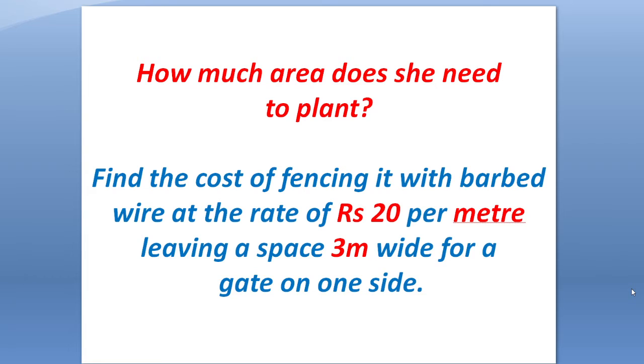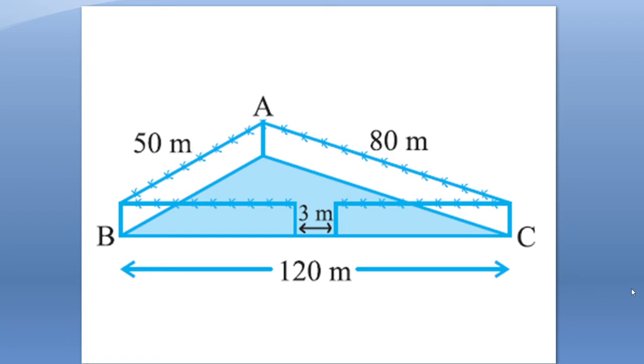So how much area does she need to plant? Find the cost of fencing it with barbed wire at the rate of rupees 20 per meter, leaving a space 3 meter wide for a gate on one side.